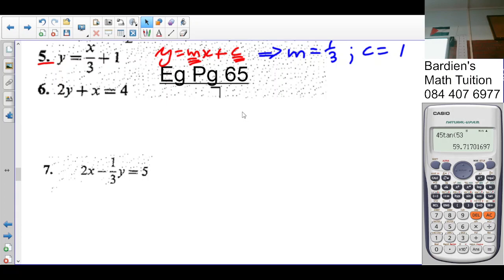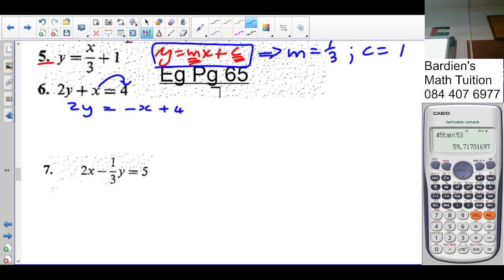So how do we get it in standard form, or make y the subject of the formula? First I get x over. So I got 2y is equal to 4 minus x, so it's minus x plus 4. Remember, that's the form I wanted. Now is it in that form?